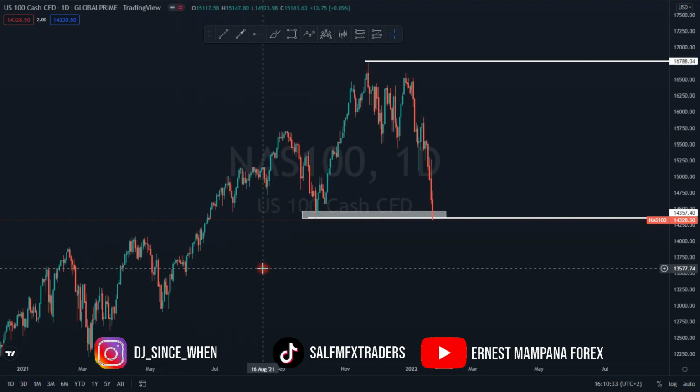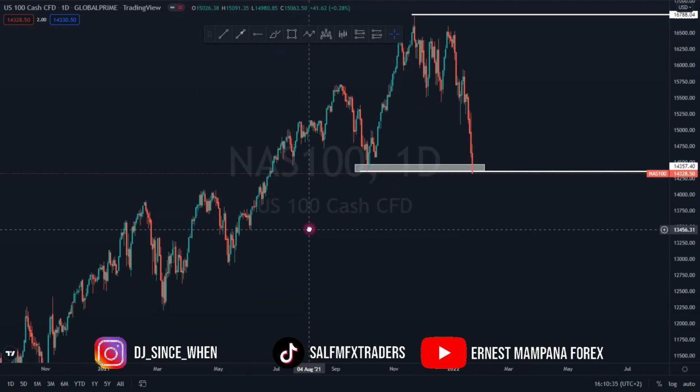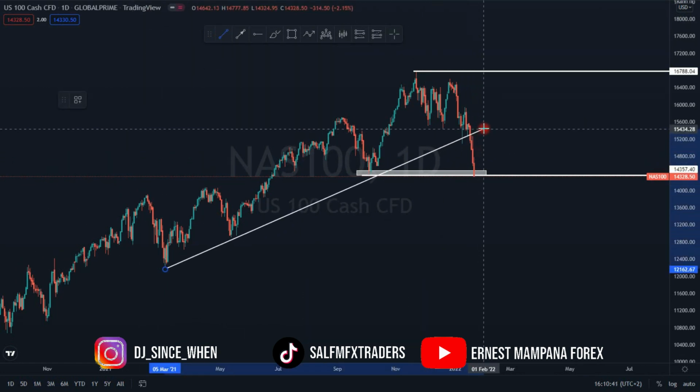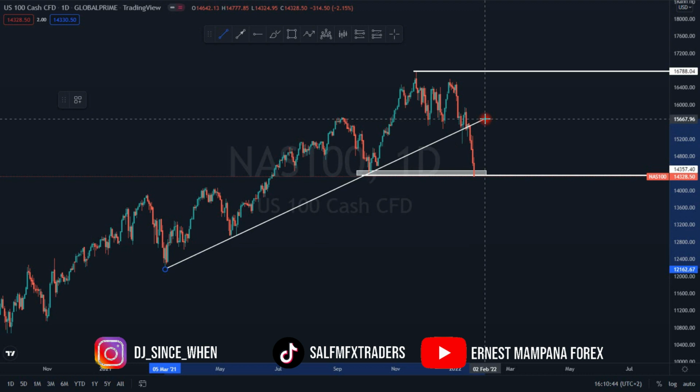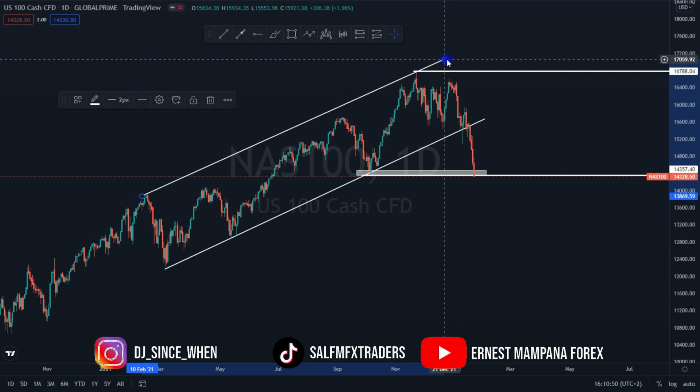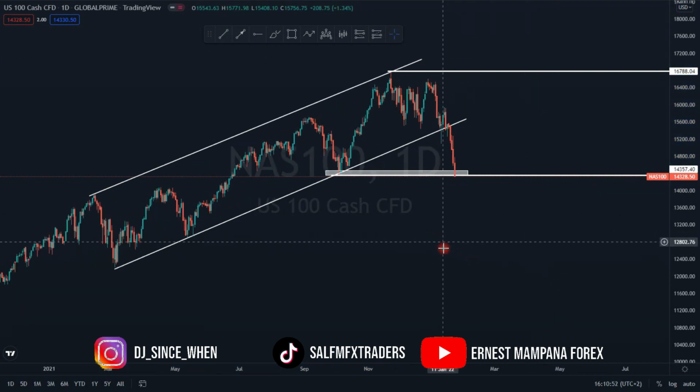Let us switch to a smaller time frame. Actually, before we leave the daily time frame, we initially had this, and finally we broke this channel right here. Finally we broke the channel right there.